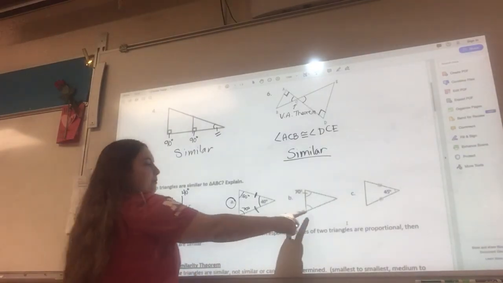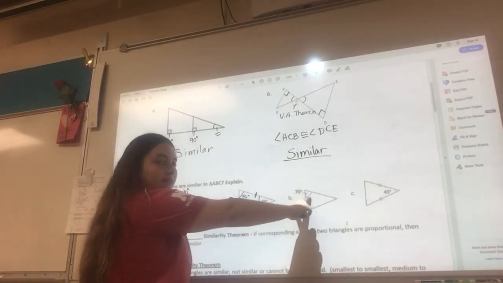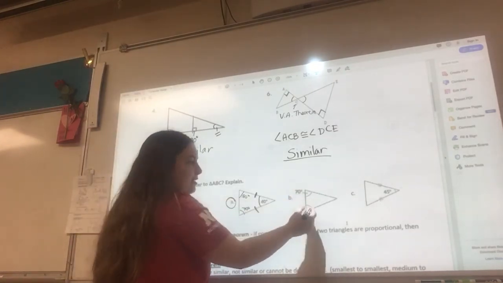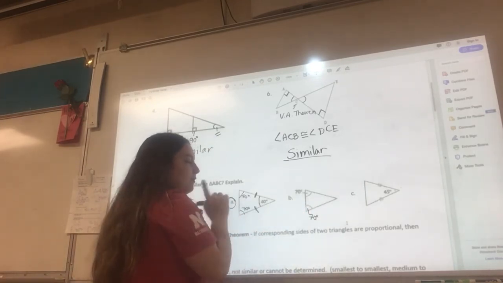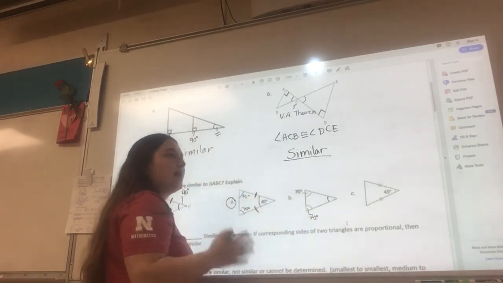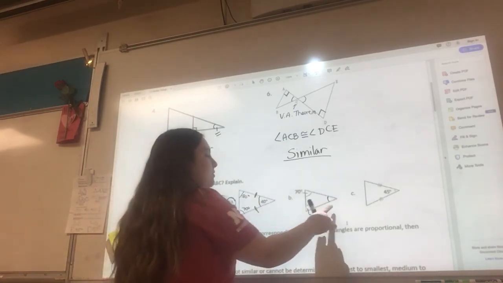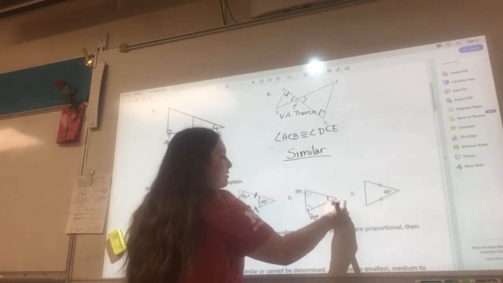Moving on to B. All we've been told is that 70 degrees is for this one, and that this one matches, so this has to be 70 degrees. Now that I know two of them, can I find the third? The answer is yes. Again, this is just review. So we have 180 minus 70 minus 70, meaning this is 40 degrees.